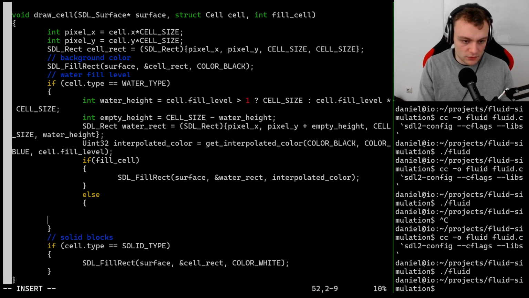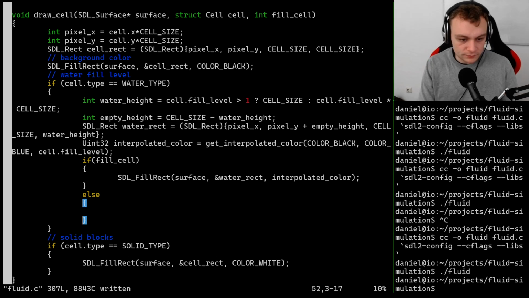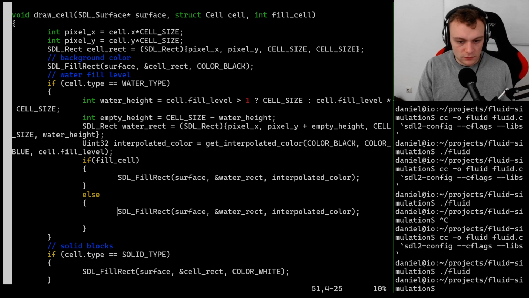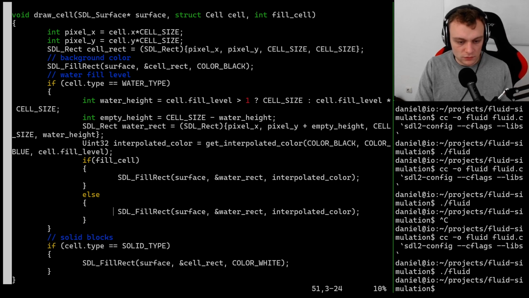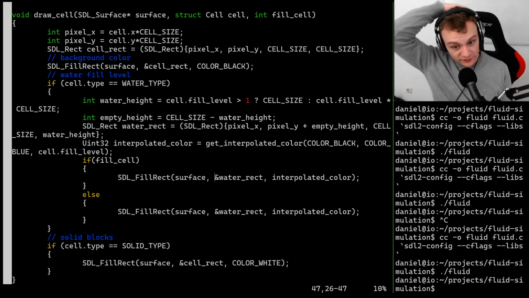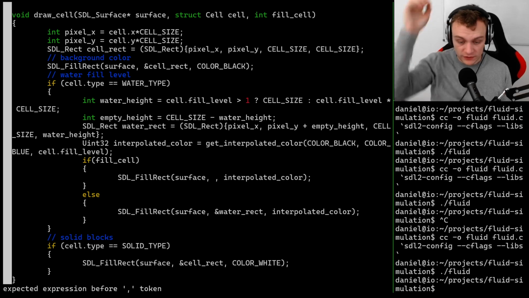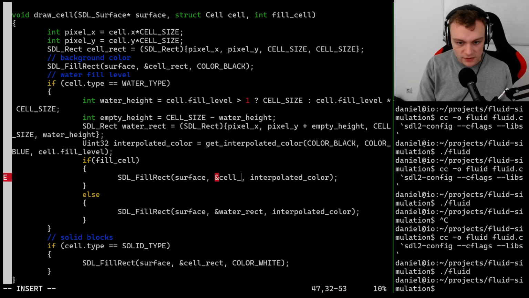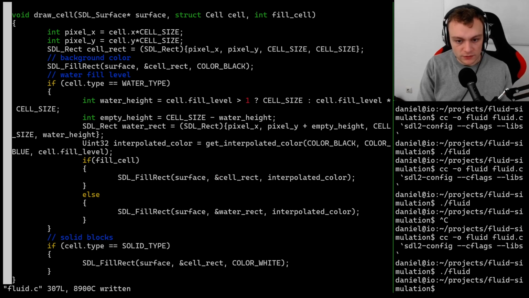Else, right, now we fill the cell, so we have to provide the entire cell rectangle.